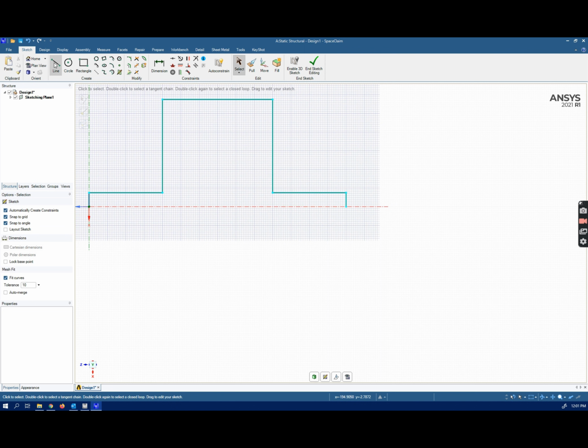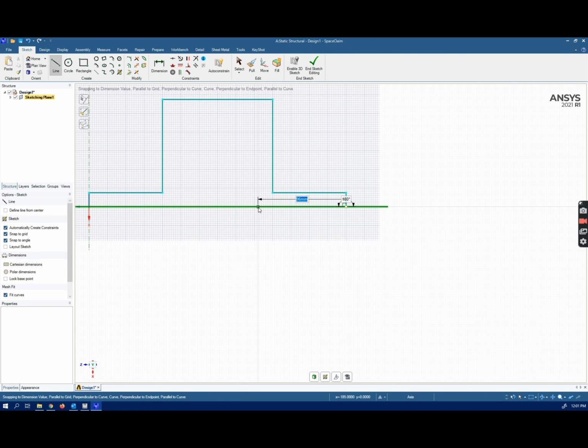I made a mistake. So it's going to be 95 and 100. This one was 120 minus 30 is going to be 90. So done.